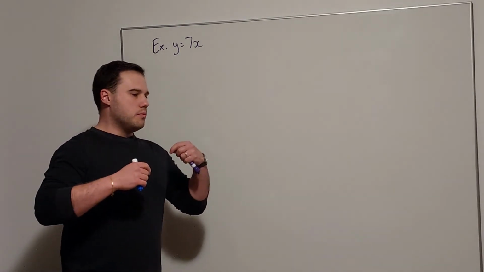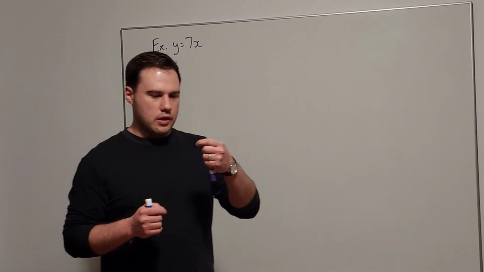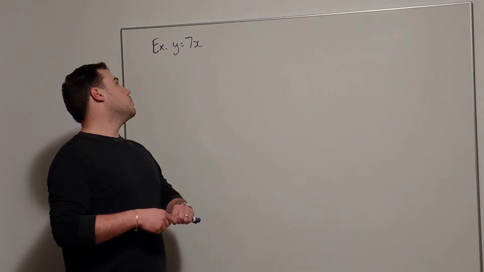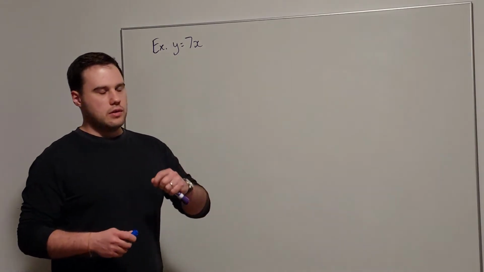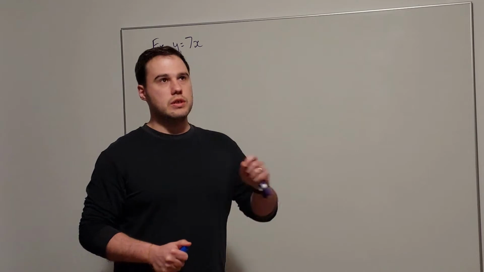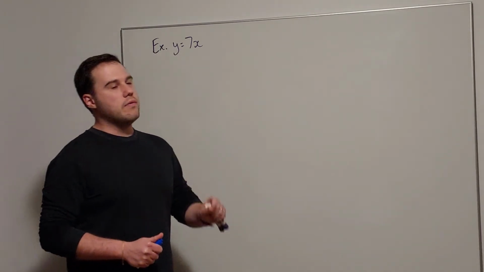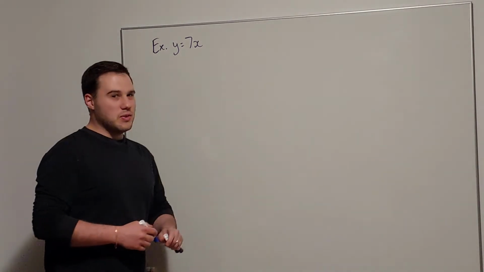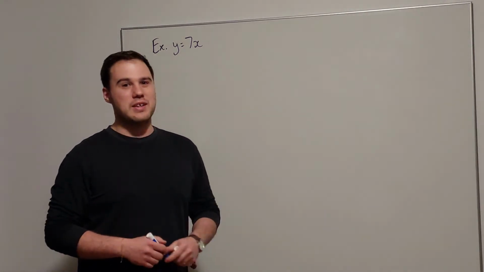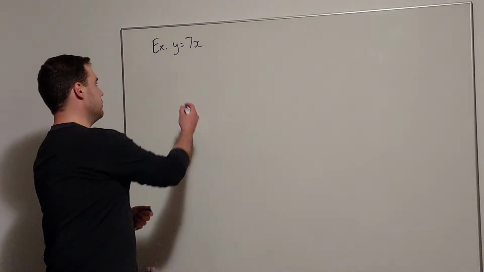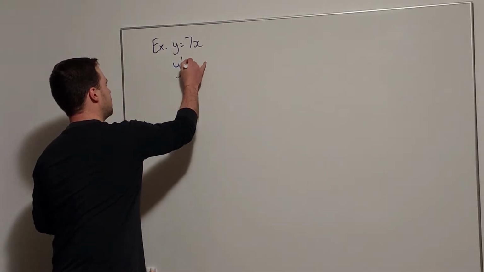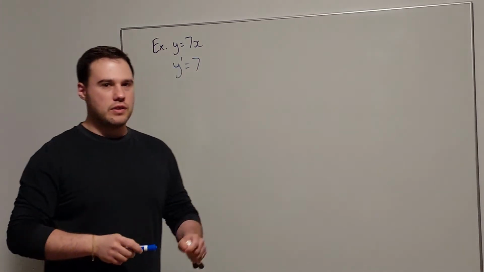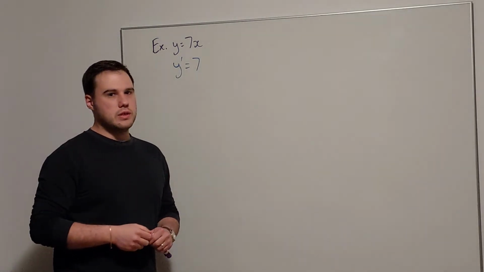And before we knew the definition of the derivative, how to do the process by first principles, well, we discussed that the derivative is a gradient function. It tells you the gradient at every point on that function. So what's the gradient of every point on this function? Well, it's a constant gradient, so it doesn't matter what the x value is. The derivative is 7, right? The gradient at any x value on the function y equals 7x is 7.